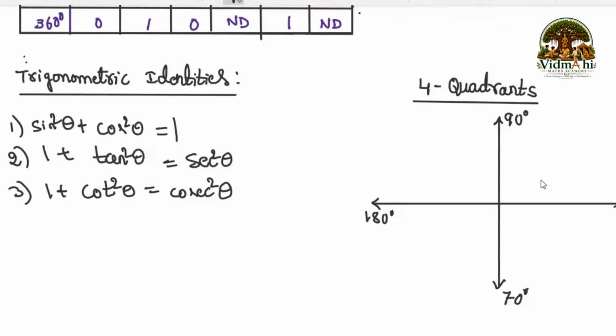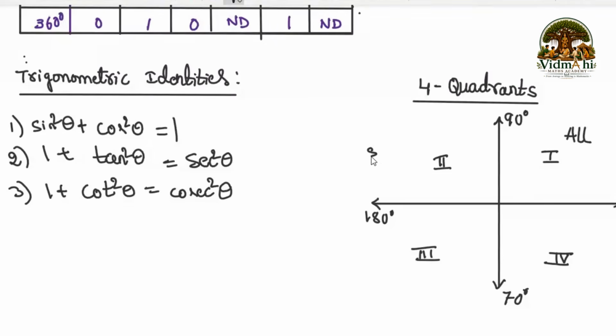And then the coordinate system. These coordinate systems are divided into 4 equal parts and are called quadrants. This is the first quadrant, this is the second quadrant, this is the third quadrant, and this one is the fourth quadrant. In the first quadrant, all the trigonometric ratios are positive.